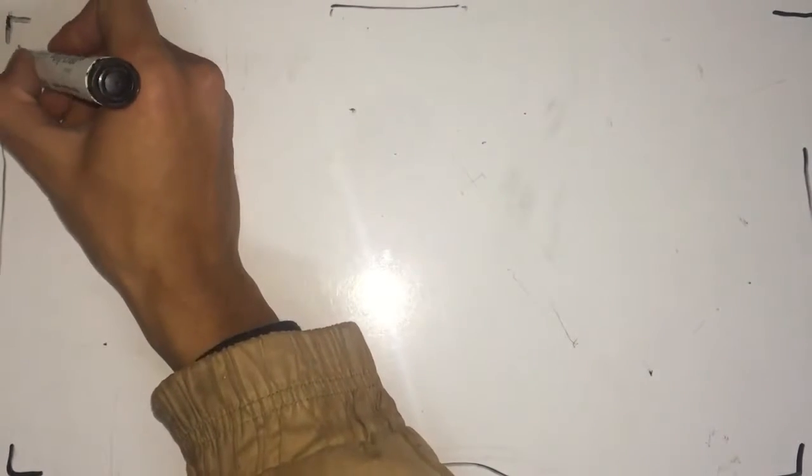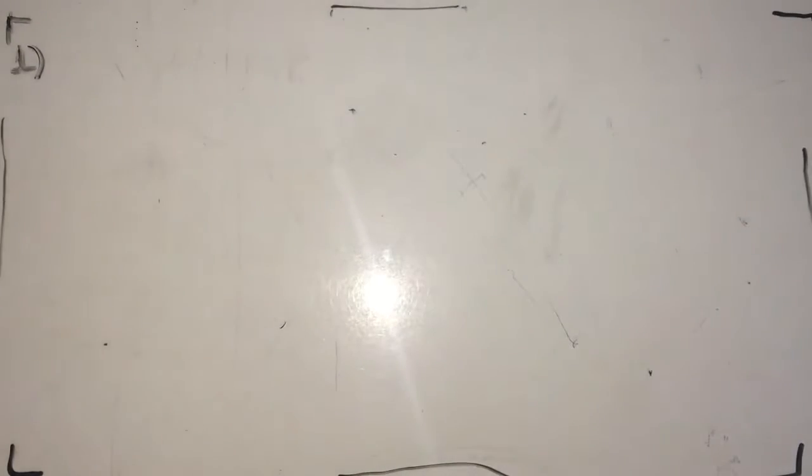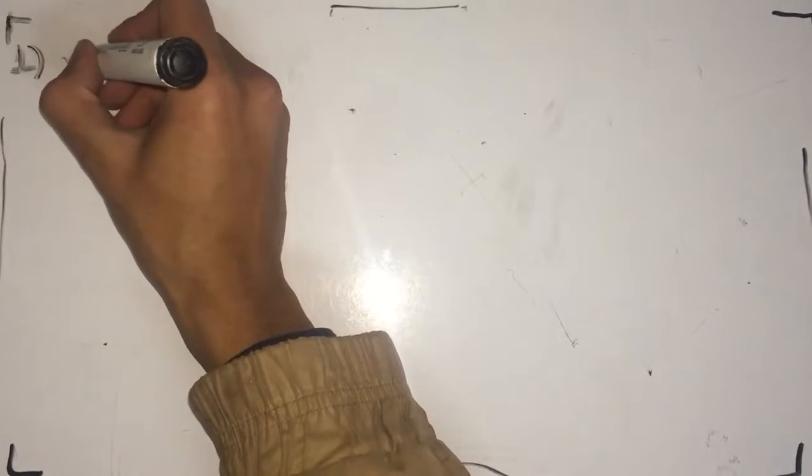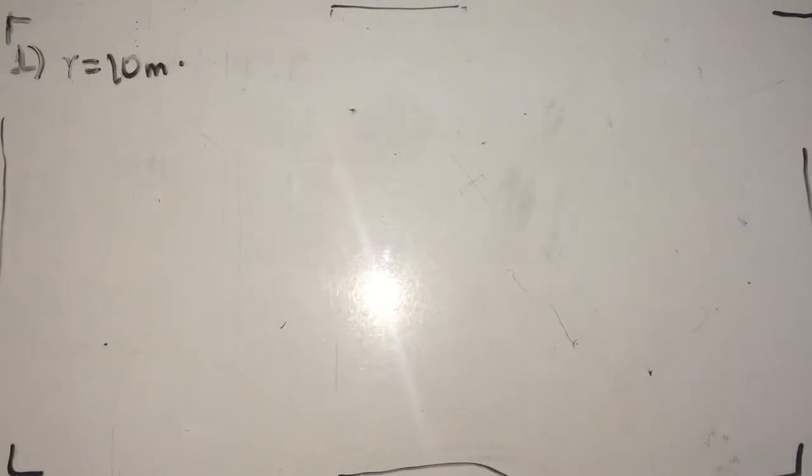In exercise 1.6, radians, degrees, and circular arcs, we have number one, our first question. On the circle of radius 10 meters, so we have r equals 10 meters, how long is an arc that subtends the central angle of A?